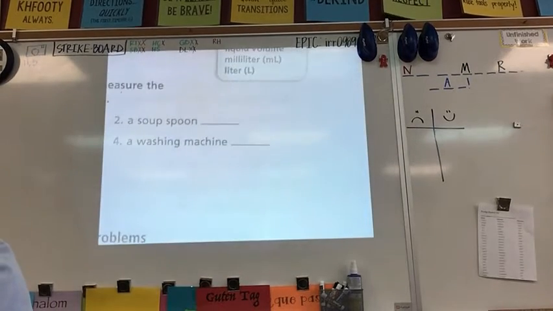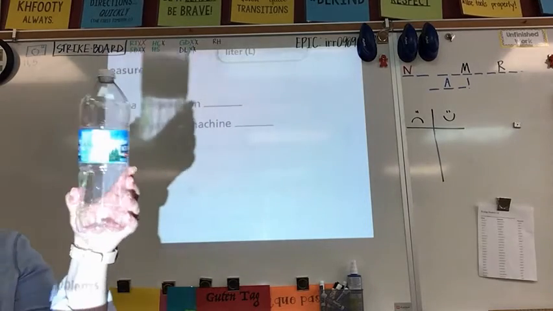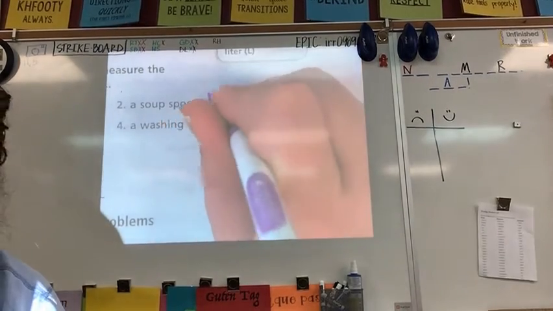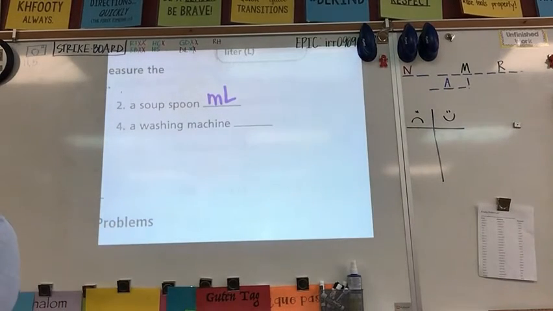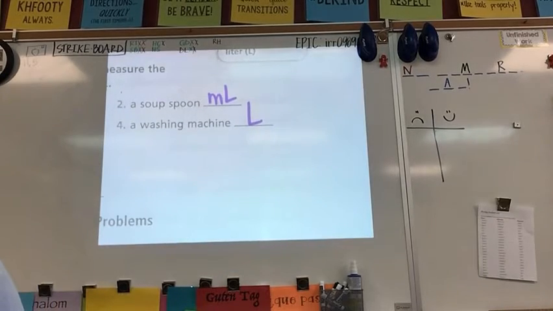How about a soup spoon? Ellie. Just one spoon. Would I be able to fill it with my liters or small milliliters? Small milliliters, very good. What about your washing machine? Eli. Liters. Probably liters, right? That's pretty big. So now we get to estimate with actual numbers.